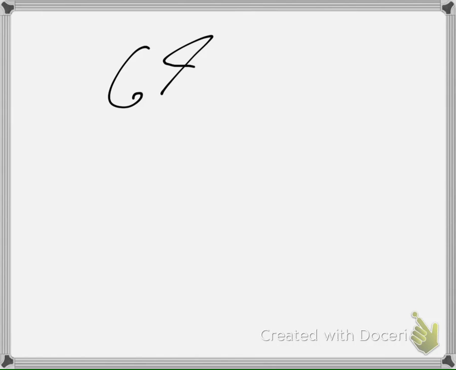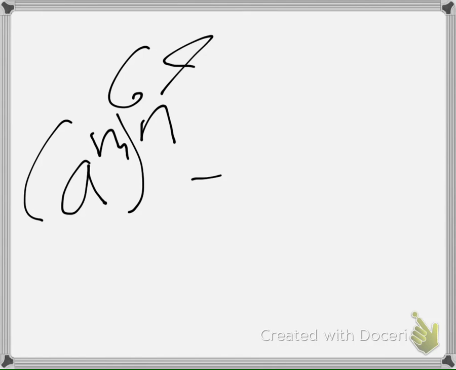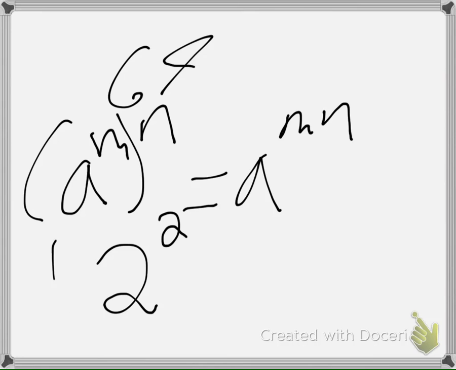The second one, the power of powers, is a to the power of m, to the power of n, equals a to the power of mn. That's when you have one number to the power of something, and then in parentheses to the power of another thing. So say we have 2 to the power of 2 to the power of 4.